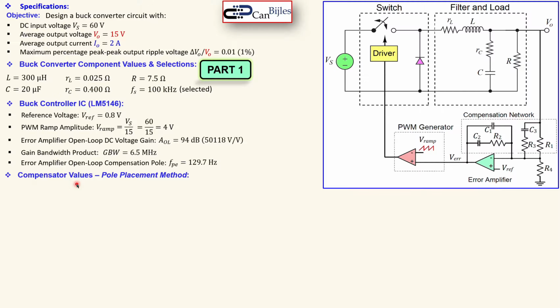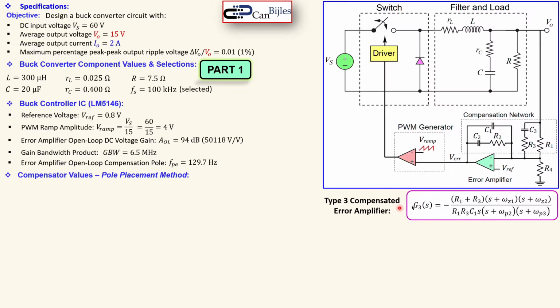Now the compensator values, we are now actually reaching one of the important parts, and for that we will use the pole placement method. How do we do that? We have chosen a type 3 compensated error amplifier, and for that the transfer function is like so, given in a more detailed form like so, because we have 2 zeros and 3 poles.